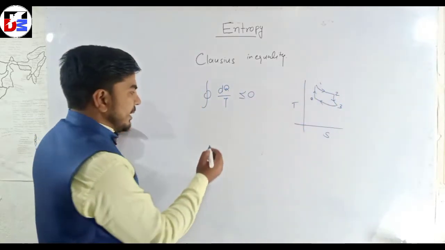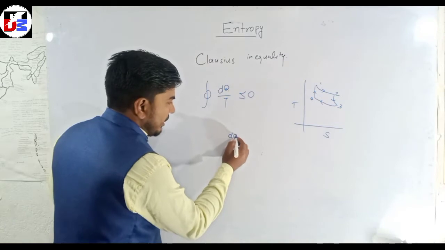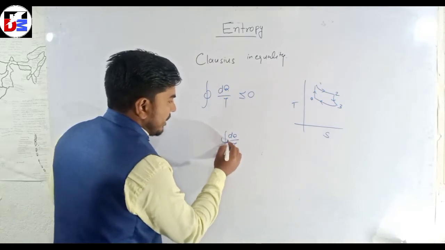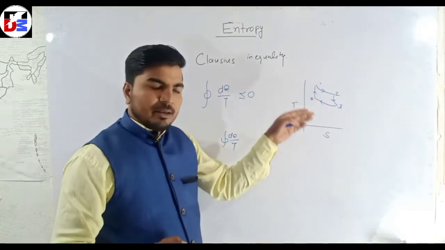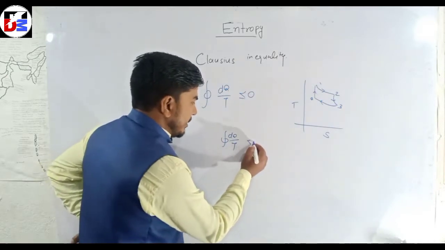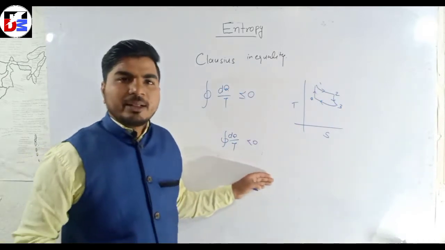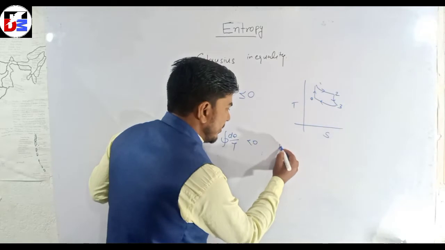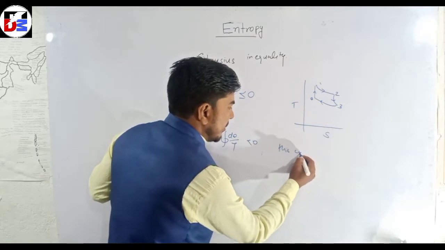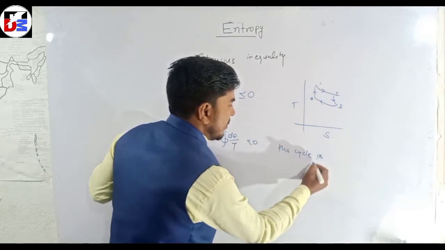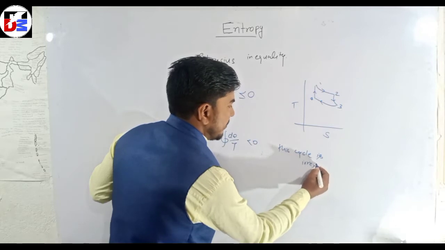If we get the cyclic integral of dQ by T less than 0, then we can say that this cycle is irreversible.